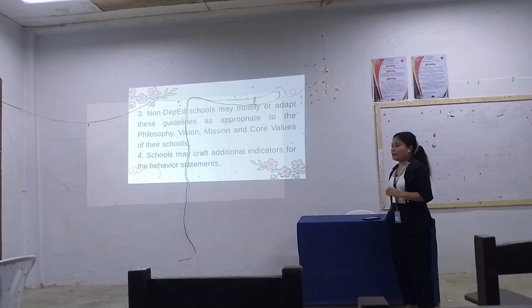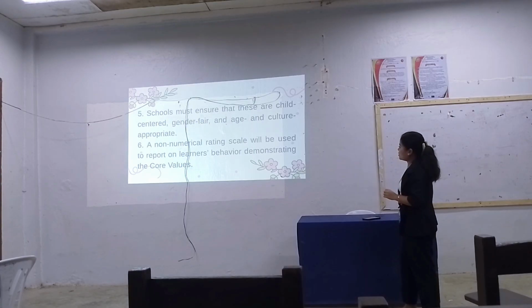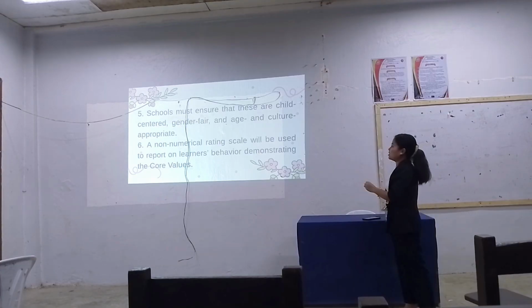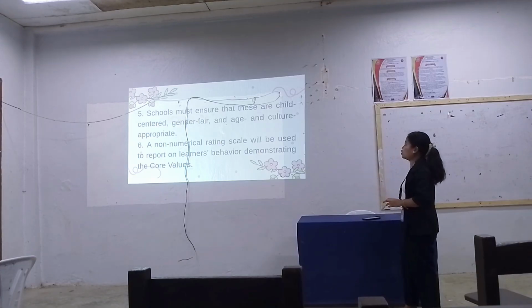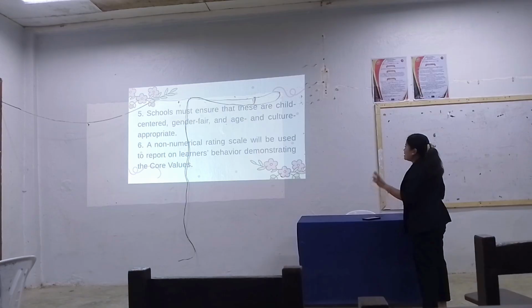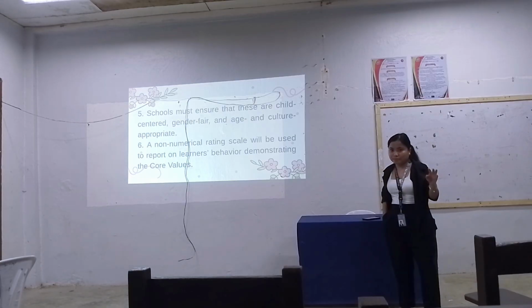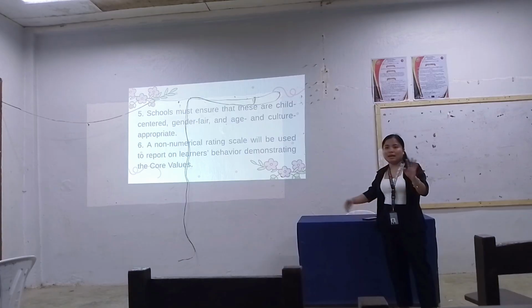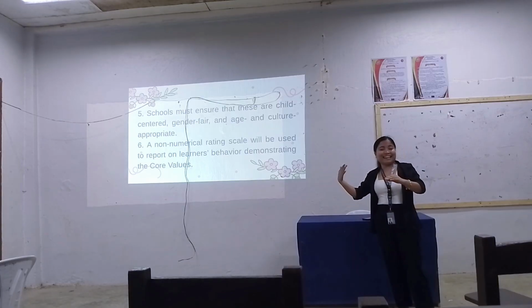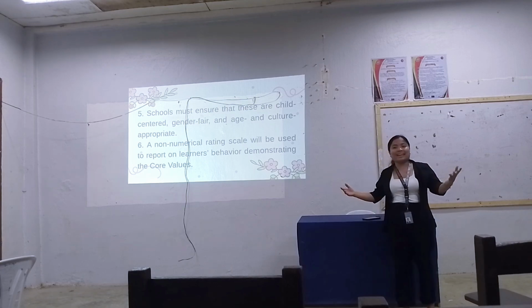So, number 5, schools must ensure that these are child-centered, gender-fair, and age and culture appropriate. When we say culture appropriate, we are all different, from different backgrounds and origins.